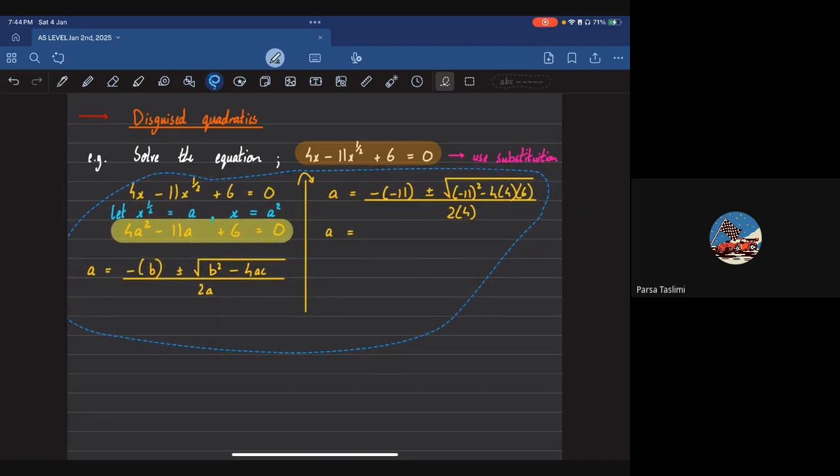So the first answer is 2, and the second answer is 3 over 4.